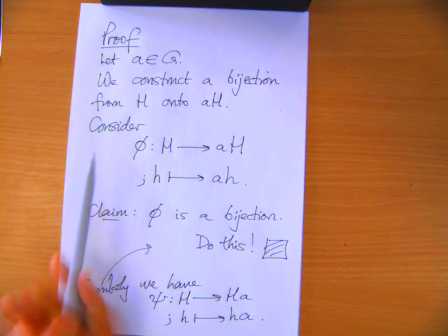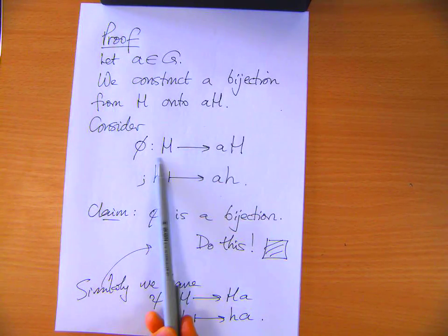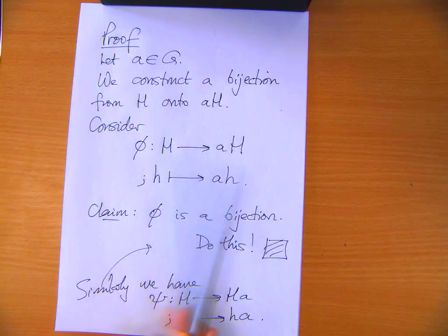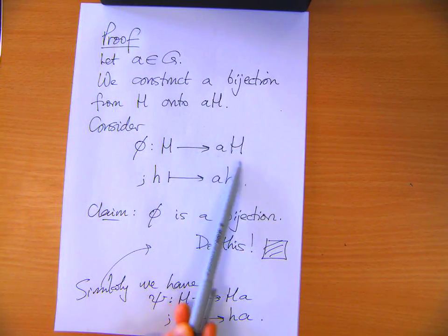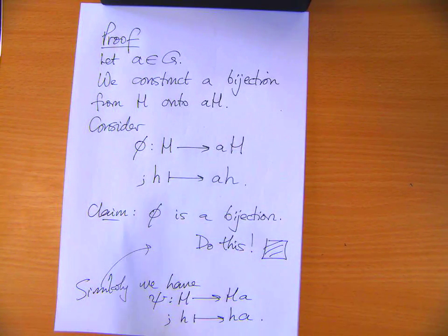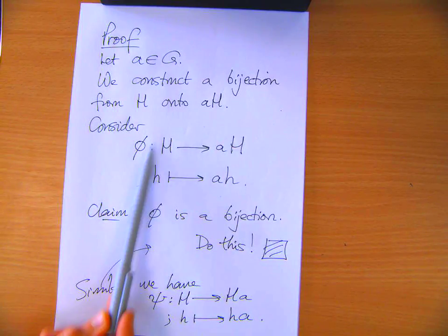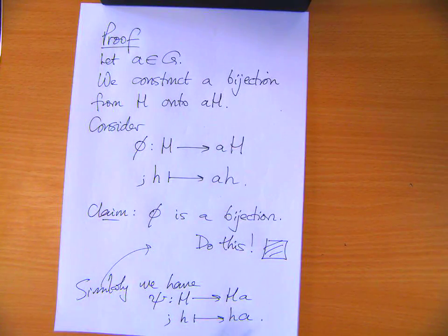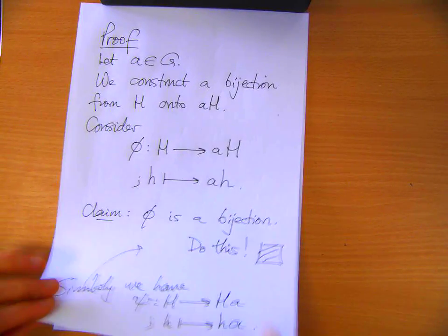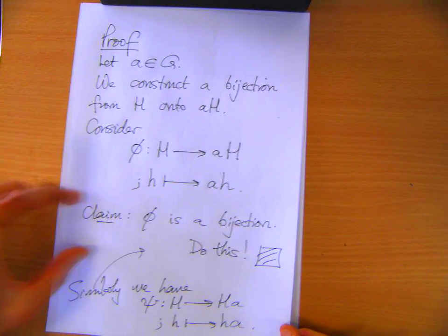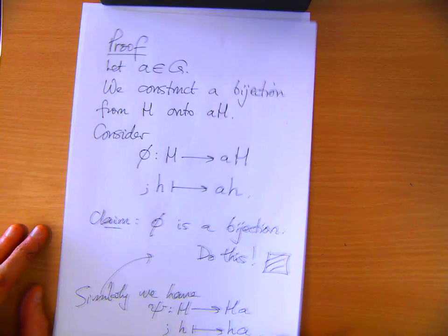So phi establishes a one-to-one correspondence between big H, the subgroup, and the coset A times big H, and similarly for psi. So H, AH, and HA all have the same number of elements. Okay? So I've not completed that proof, I've left a little bit for you.